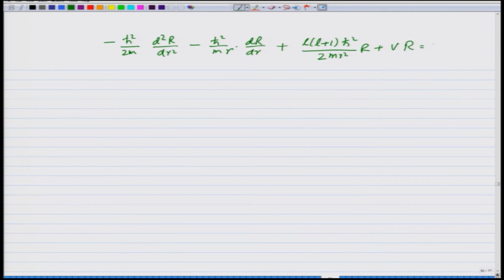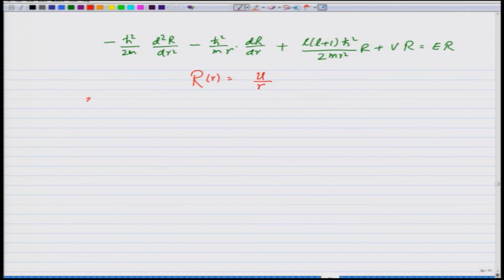So, the equation I have is minus ħ² over 2m d²R over dr², minus ħ² over m r dR over dr, plus l(l+1)ħ² over 2mr² R, plus V(r) R equals E R. Let us write R(r) equals u(r) over r.